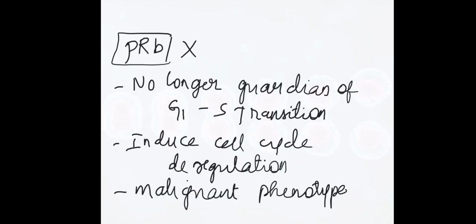The pRB protein can also be functionally inactivated by mutations or viral oncoprotein binding. So pRB function can be lost through mutation of the RB gene, as seen in retinoblastoma. Retinoblastoma is due to inactivation of the RB gene.